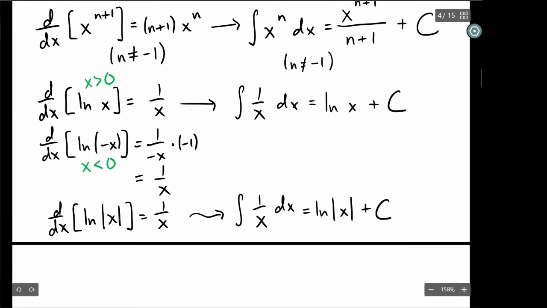So this is the best answer in general. The only restriction here is that x can't be 0. Cool. So we can combine both of these into a better version of it. It's a neat fact.